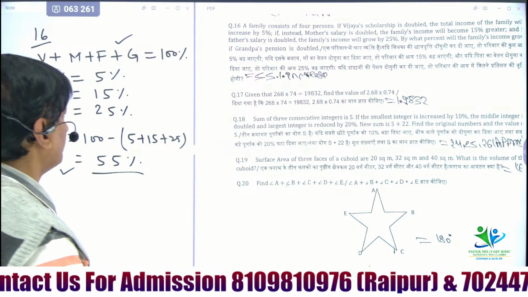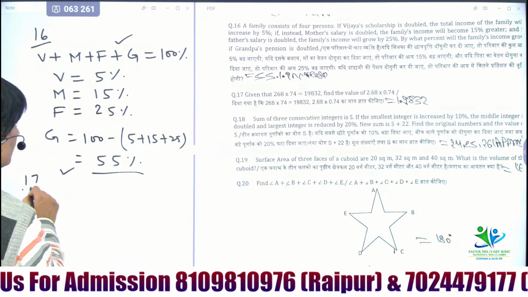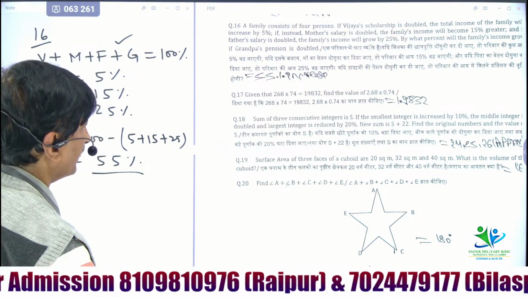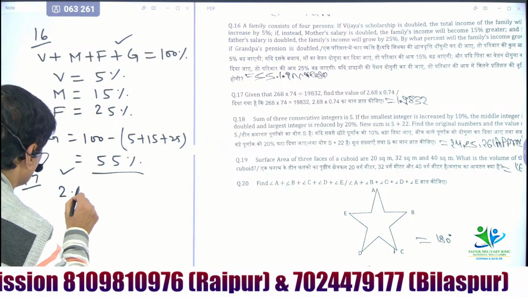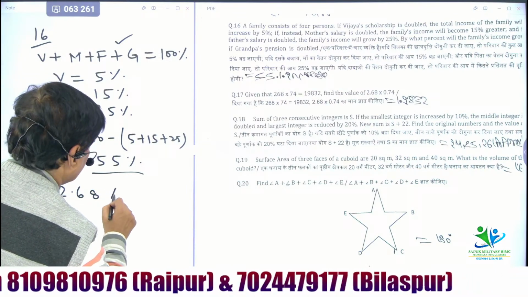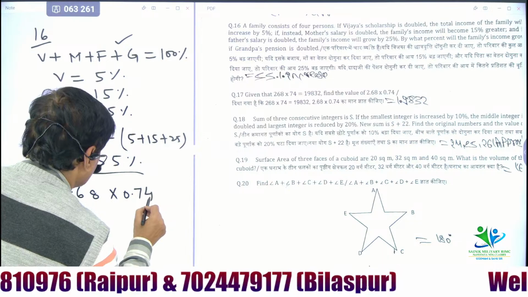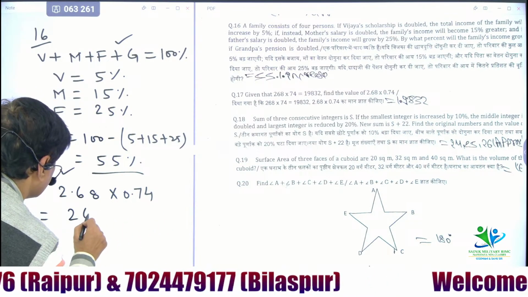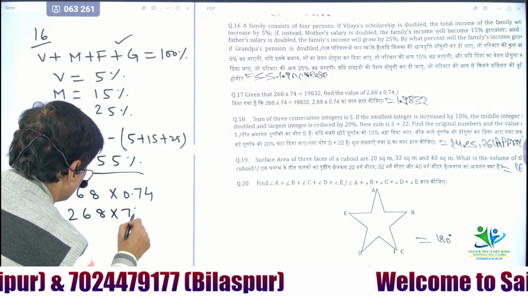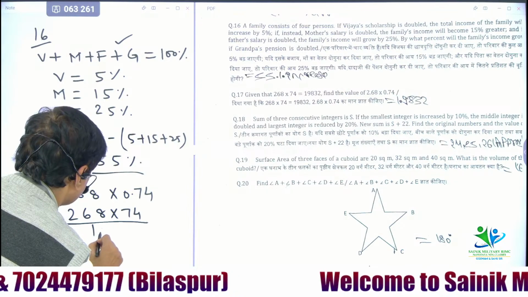Now in question number 17, the product of 2 numbers is given and you have to find the value of 2.68 into 0.74. This can be written as 268 into 74 divided by 100.